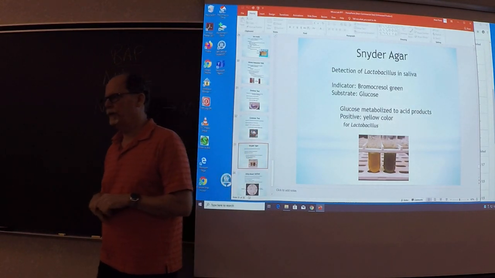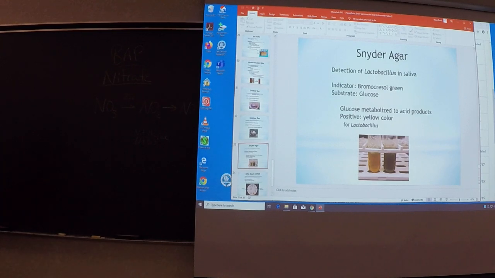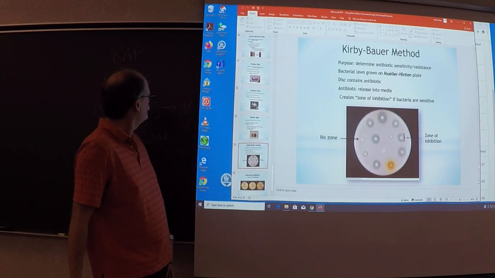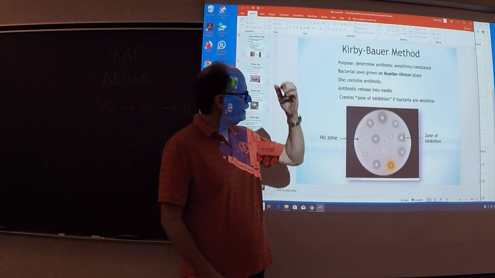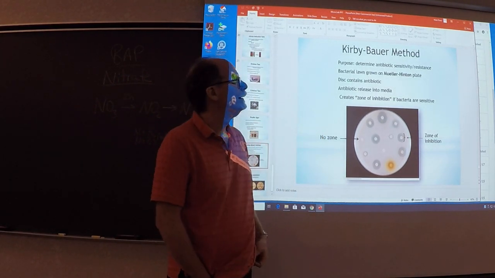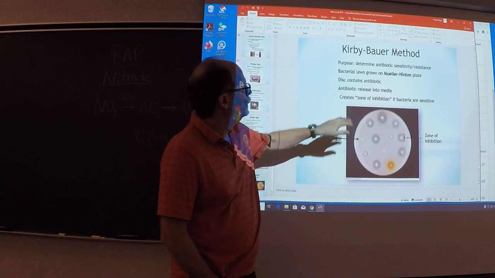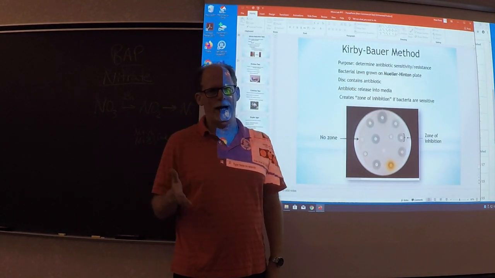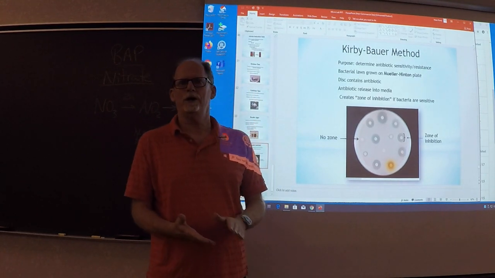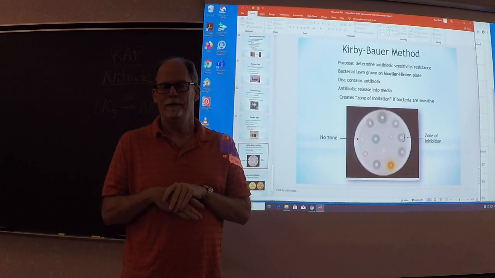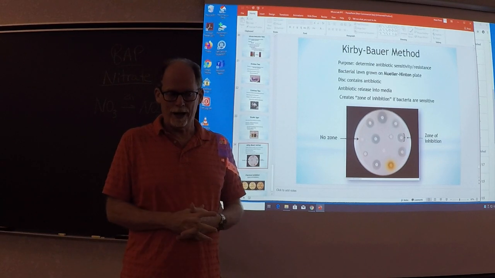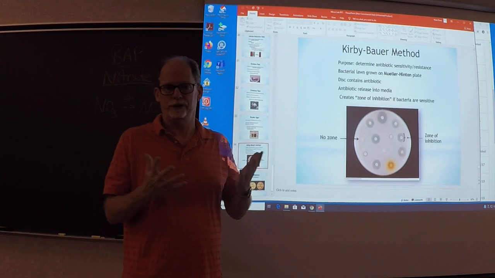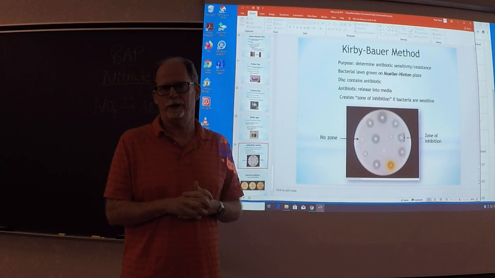So the last experiment for this lab would have been the Kirby-Bauer method. The Kirby-Bauer method is used to determine antibiotic sensitivity or resistance. If bacteria are resistant to an antibiotic, then you don't want to treat that person with that antibiotic. So this is a way of determining if they're resistant to penicillin or ampicillin.